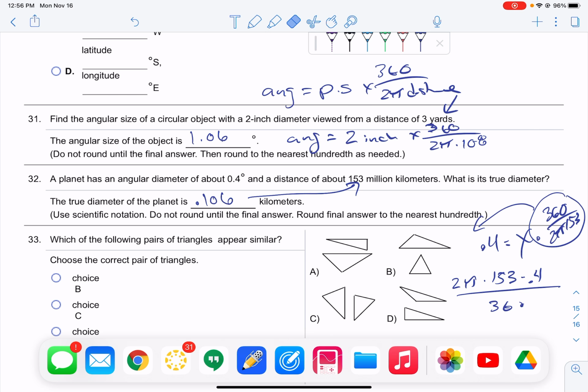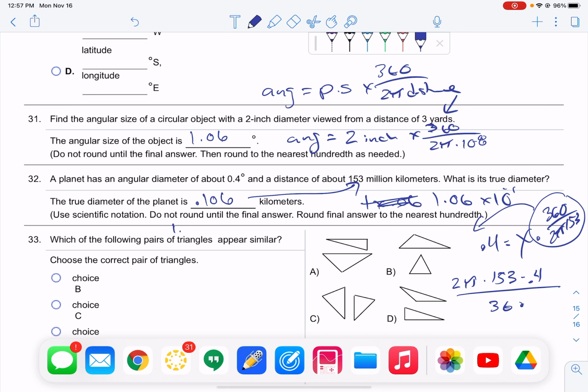Okay, I feel a lot better about that. 0.106 million kilometers, which is 1.06 times 10 to the what? 10 to the first power, just times 10, because we're moving it to the left.